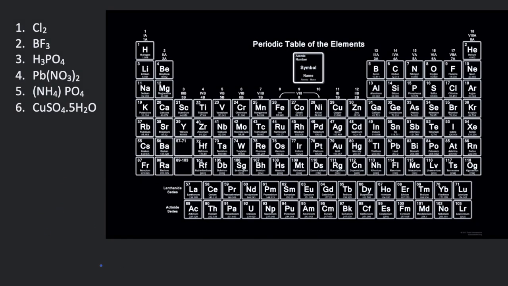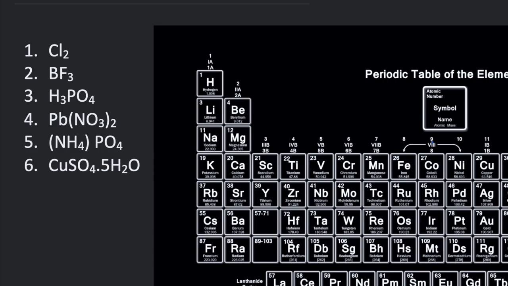Okay, let's do a few examples to understand this even better. Let's start with our first example. We have Cl2. It's also known as dichlorine. Let's look at the periodic table first to find out the atomic mass of chlorine.